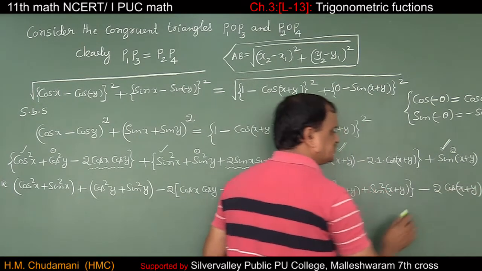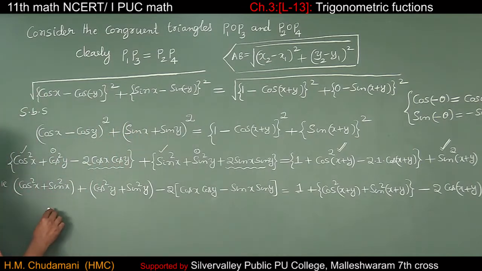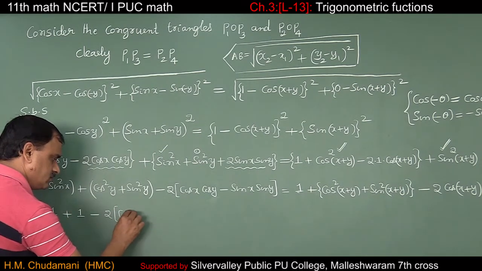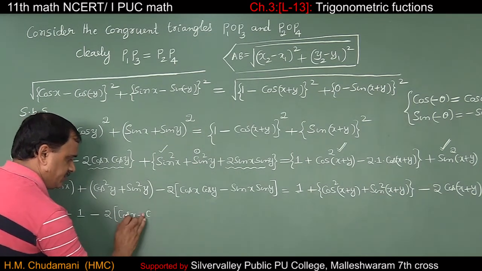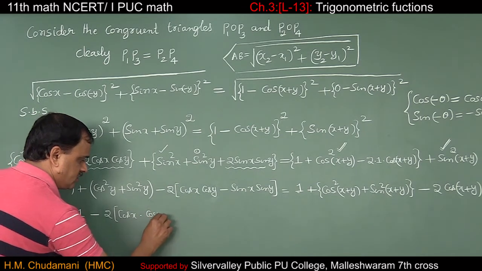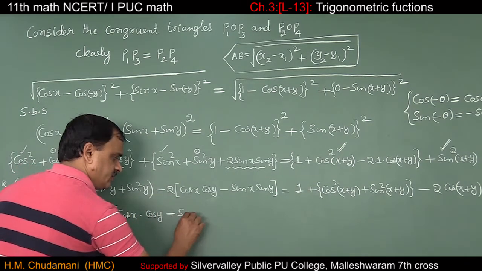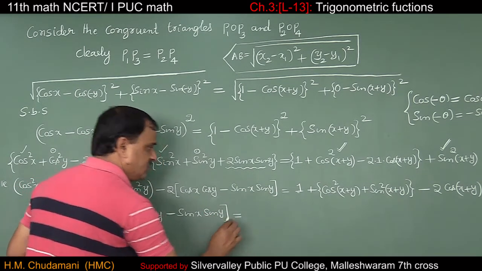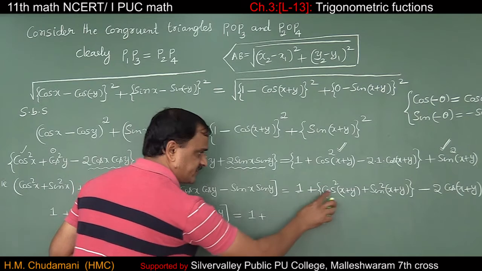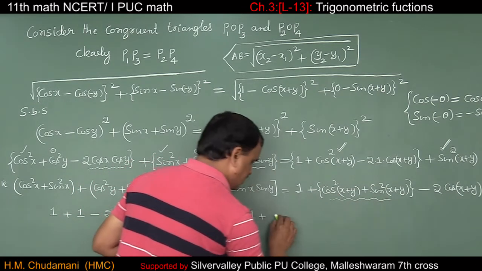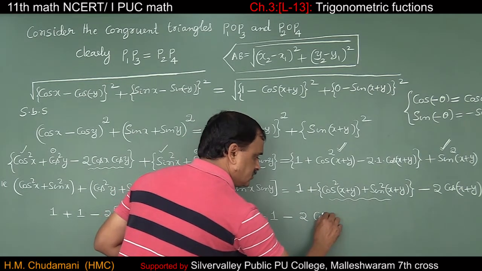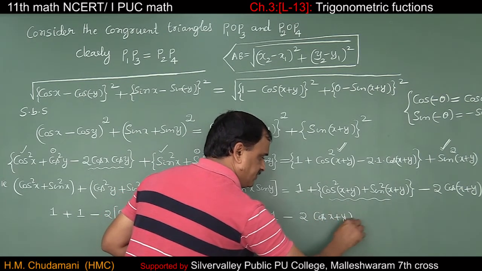See this, this is 1 plus 1 minus 2 times cos x cos y minus sin x sin y is equal to 1 plus, this is also 1, cos square theta plus sin square theta identity, minus 2 times cos of x plus y.